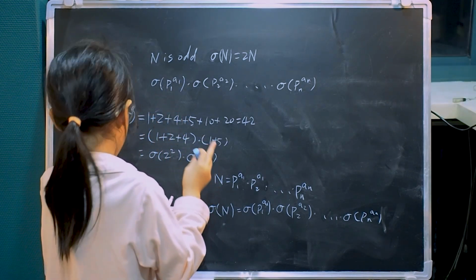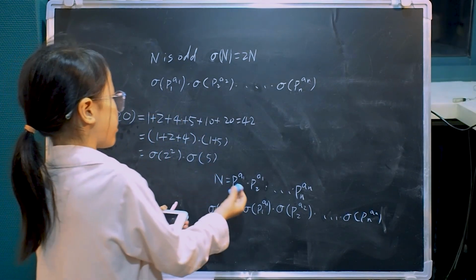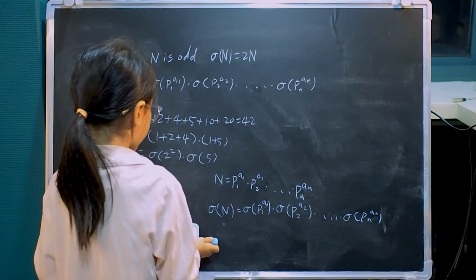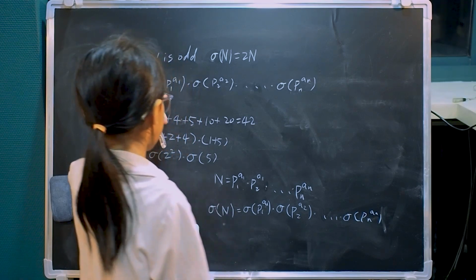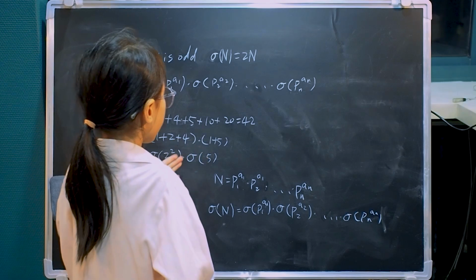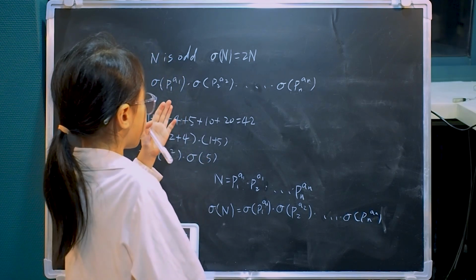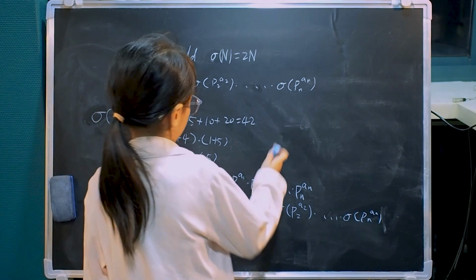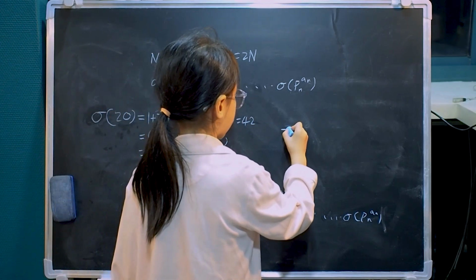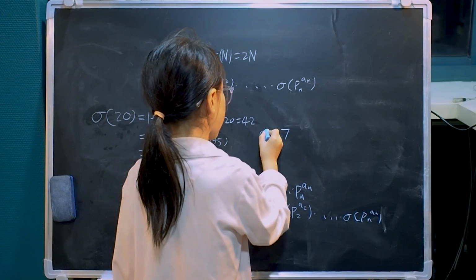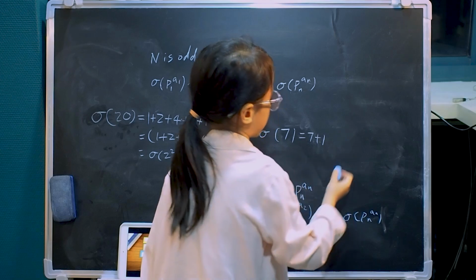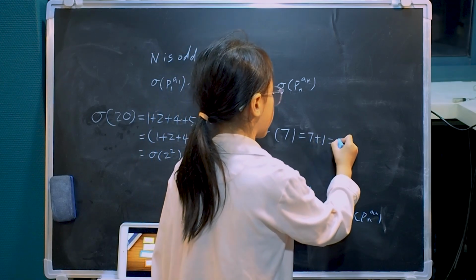So let's see. Actually, you will find out when you have an example, because here everyone is a prime to a value, and you can just calculate. For example, say 7. If we take sigma 7, you get 7 plus 1, so that's odd plus odd equals even.